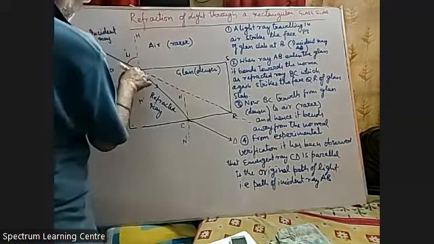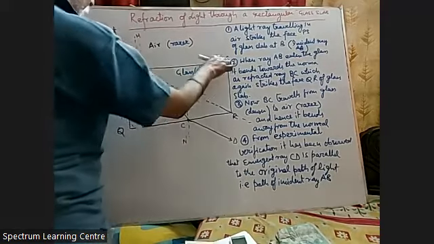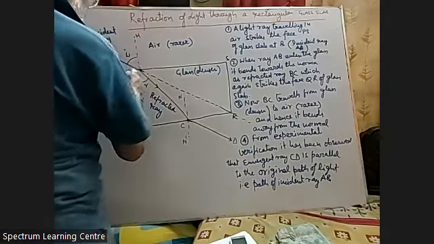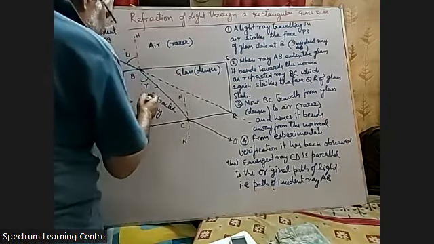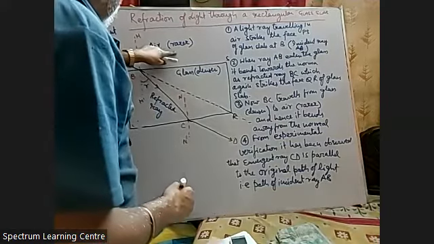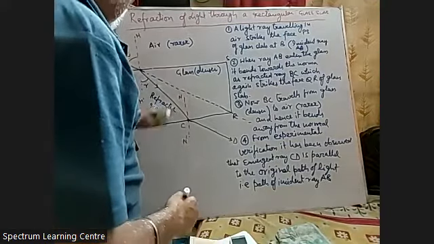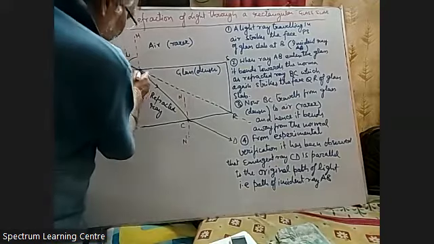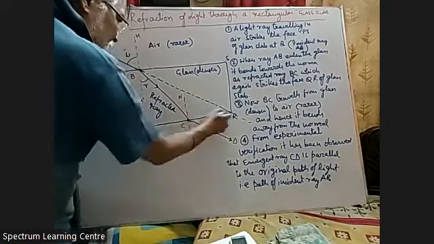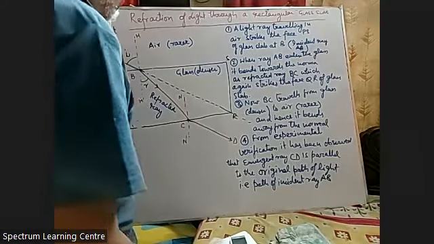Now when ray AB strikes the glass slab face PS at B, it will bend towards the normal because it is traveling from rarer to denser. The refracted ray BC again strikes the face QR of the glass slab.